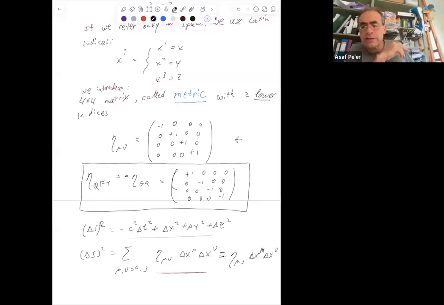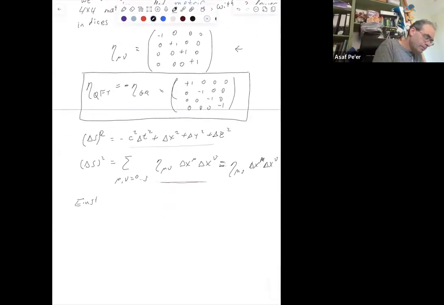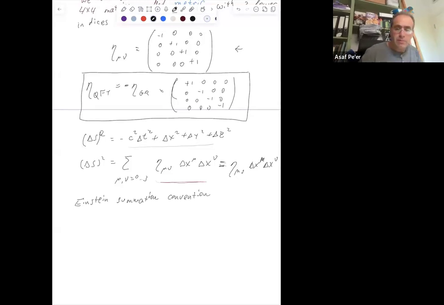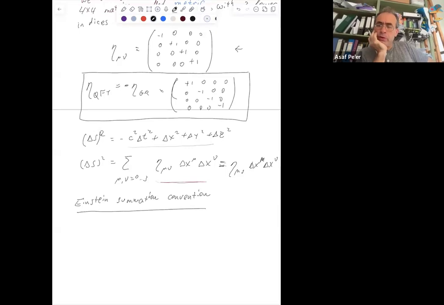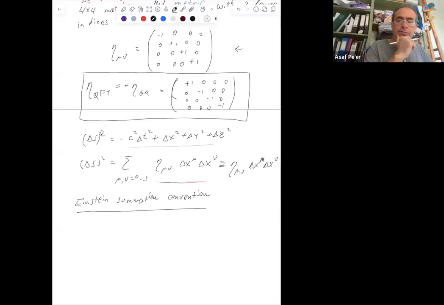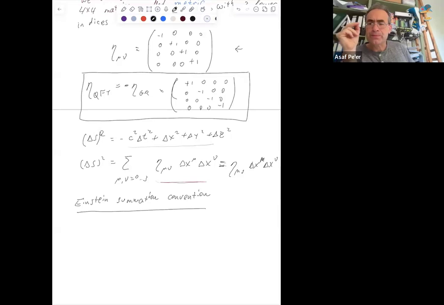So what I did was using something which is called Einstein summation convention. The Einstein summation convention tells us that when we have an equation where, on the same side of the equation, we see the same index, the same Greek letter, that appears twice, once as an upper index, once as a lower index, we understand that really we are summing over this index.